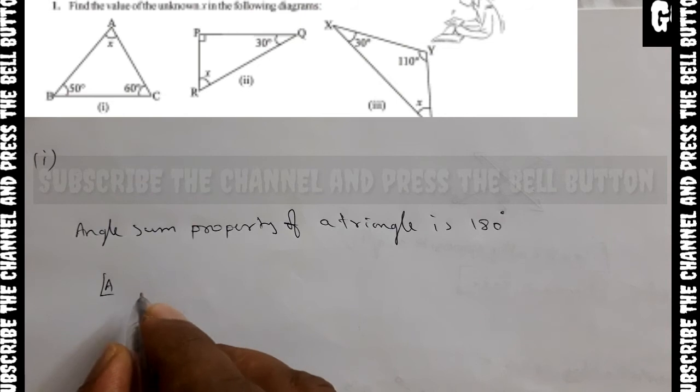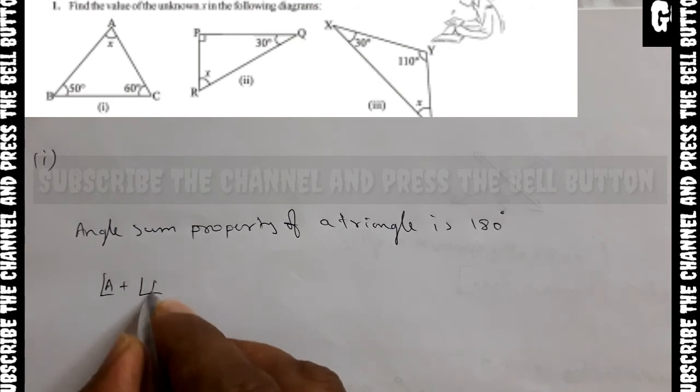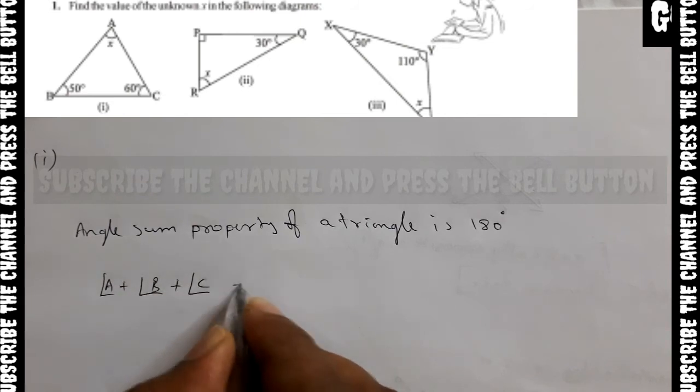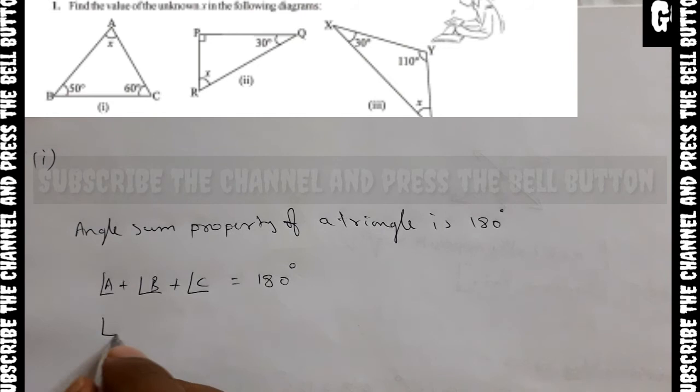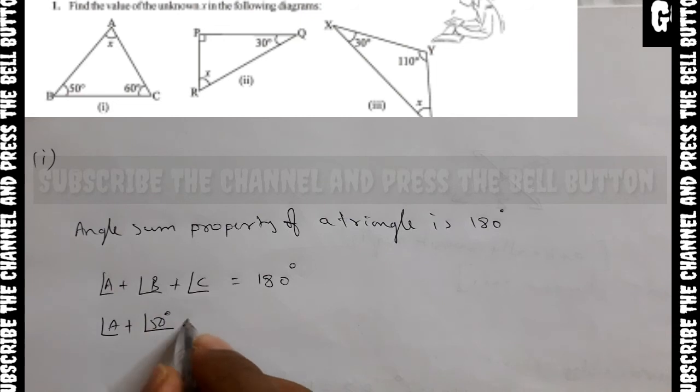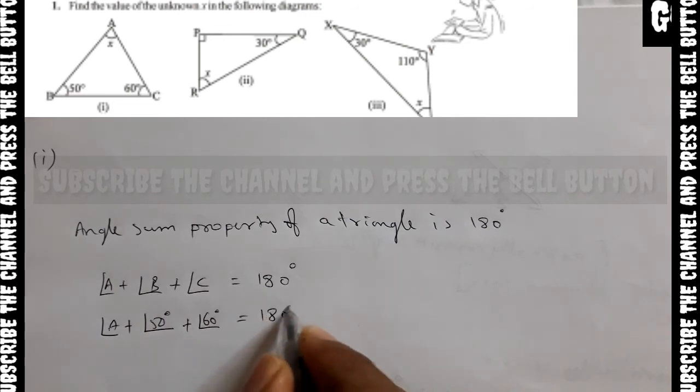Angle A plus angle B plus angle C is equal to 180 degrees. Here B and C are given but A is not given. Angle A we don't know. Angle B is 50 degrees and angle C is 60 degrees, and the sum is equal to 180 degrees.